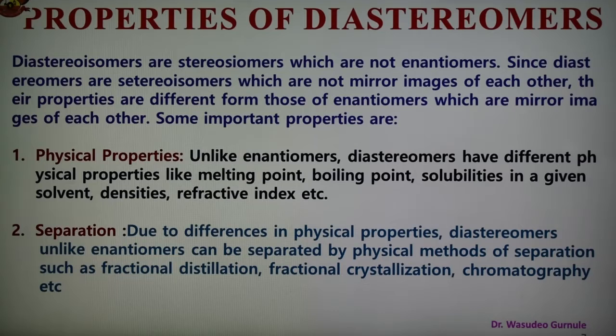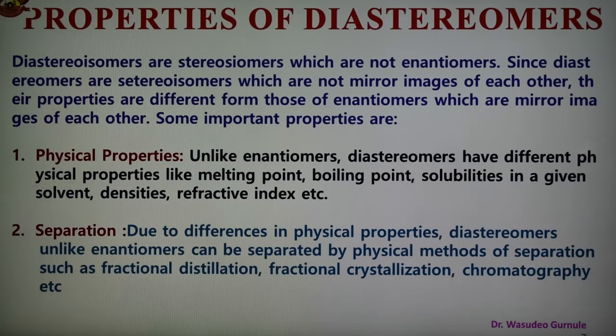Important properties of diastereomers: number 1, physical properties. Unlike enantiomers, diastereomers have different physical properties like melting point, boiling point, solubilities in a given solvent, densities and refractive index.